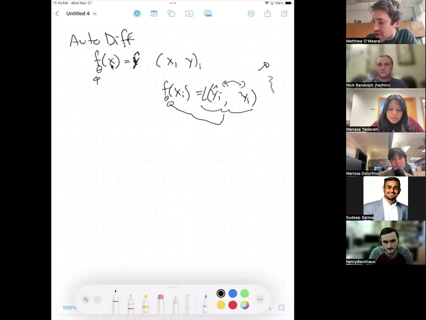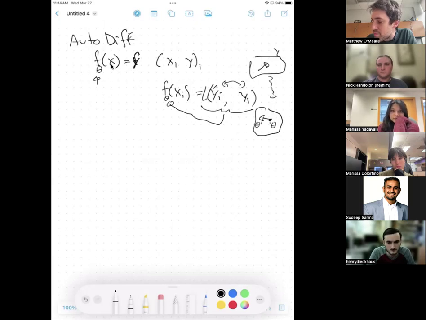And what we want to do is translate that back into a little vector from the theta that you're currently at to a new theta where you want to be. So if you want to move your prediction to where it should be, then you should move the parameters a little bit in the other direction. So this is where the autodiff comes in: we want to move from a change in the output space to a change in parameters in the input space.